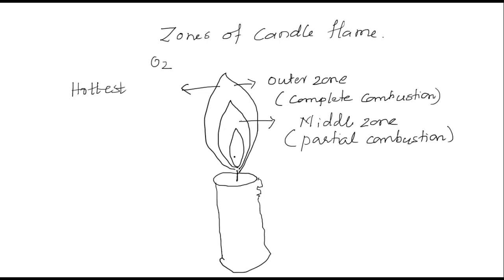So whatever substance is there is not completely burnt in this zone. Therefore it is partial combustion. And it's not so hot and not so cold, so we can refer to it as moderately hot.